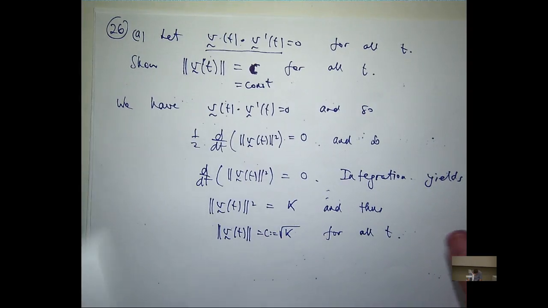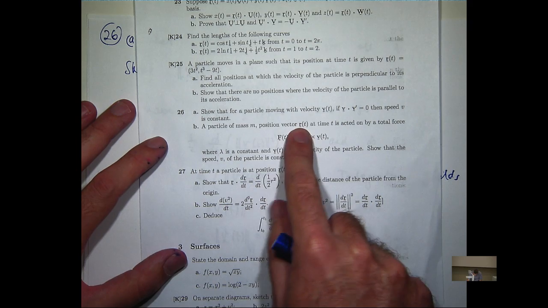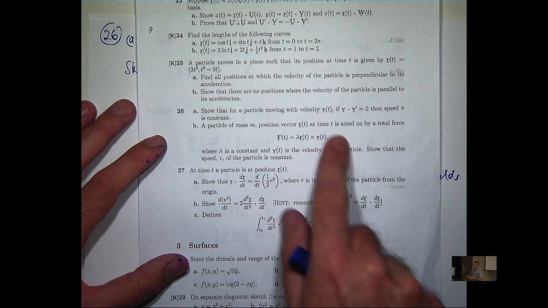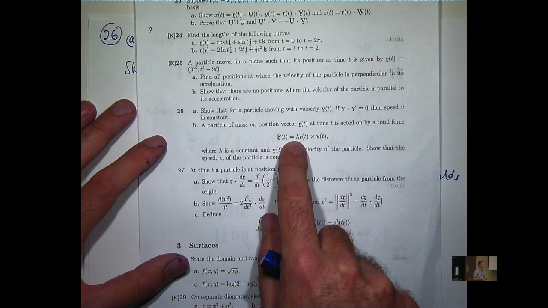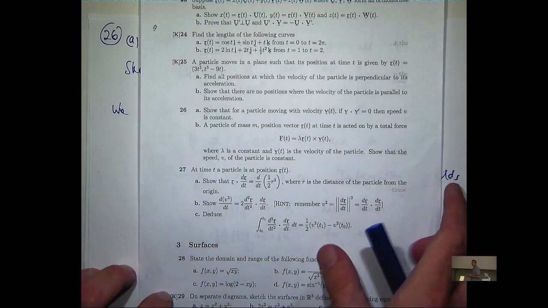All right, so we've got a particle of mass m with this position vector at time t. It's acted on by this force. Now the force involves some constant, lambda, and the cross product of the vectors involving the position and the velocity. Show that the speed v of the particle is constant. So this is a little bit more involved than the previous question, but let's see how we go.